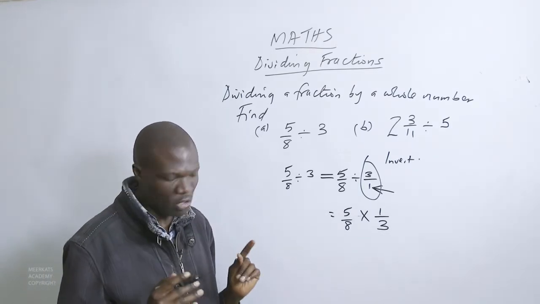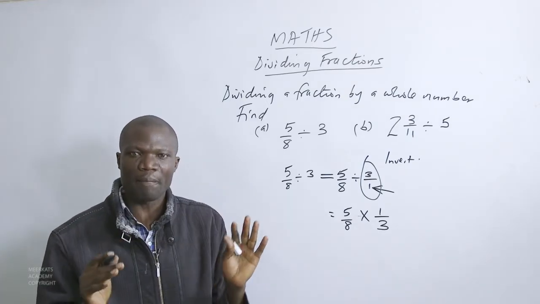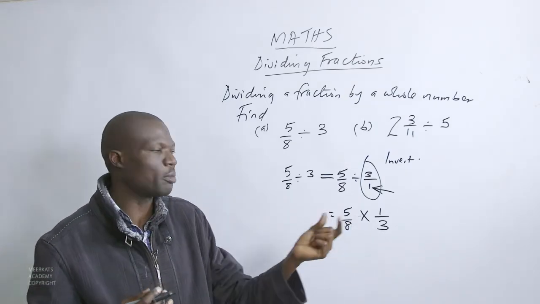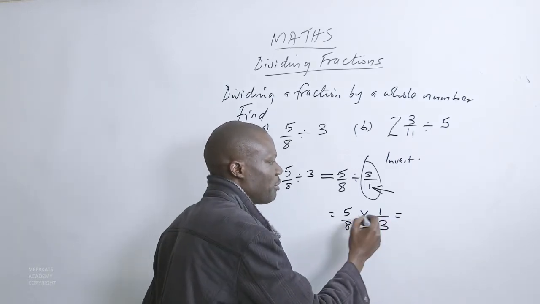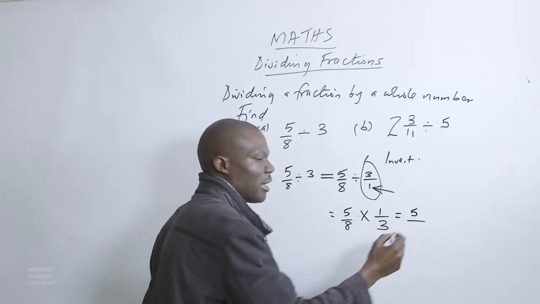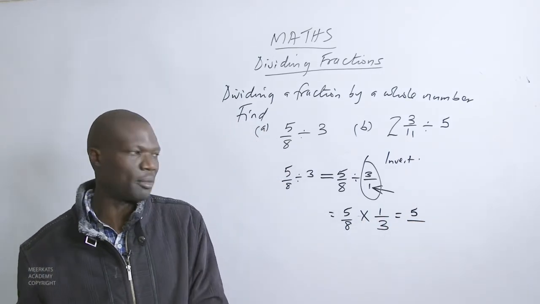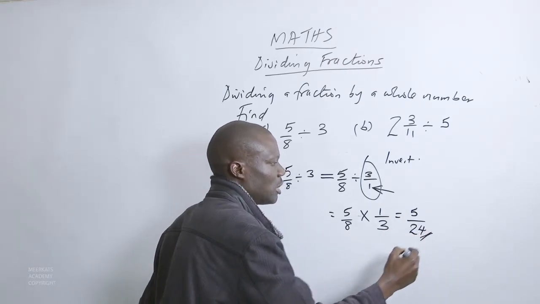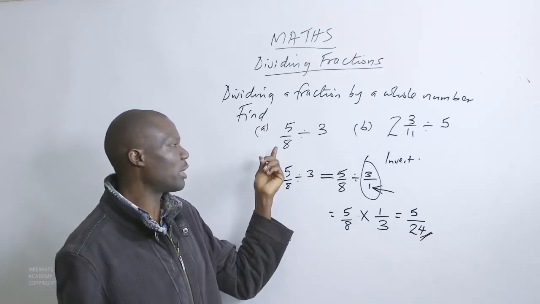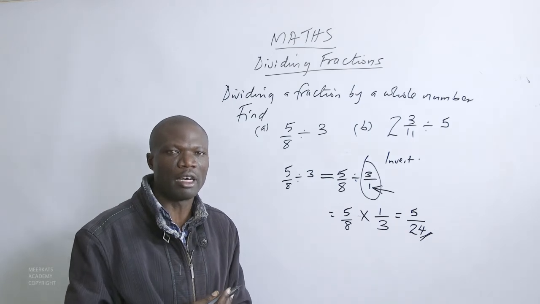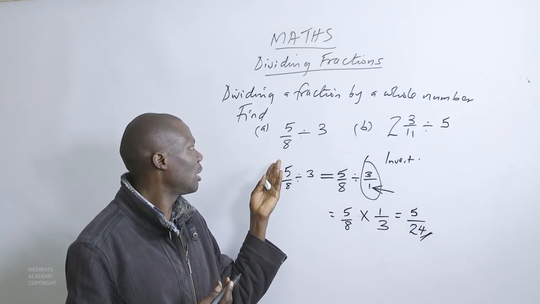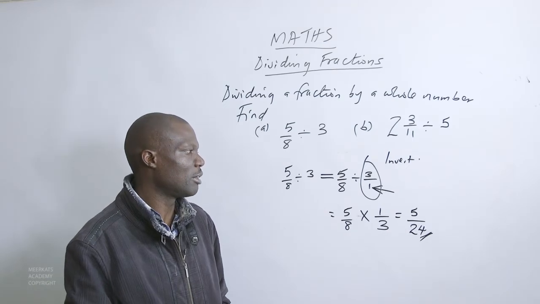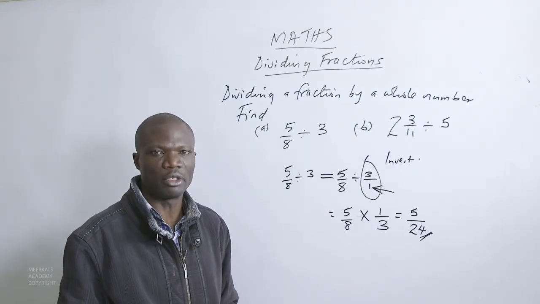But if we do not have, we multiply using the rule of multiplication of fractions, where the numerators multiplied by each other, you get 5 times 1, which is 5, and the denominator multiplied by the other denominator gives us 24. So this one is telling us that when you divide 5 over 8 by 3, what you get is simply 5 over 24.